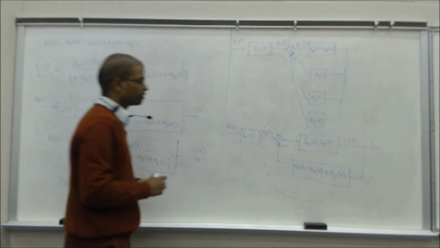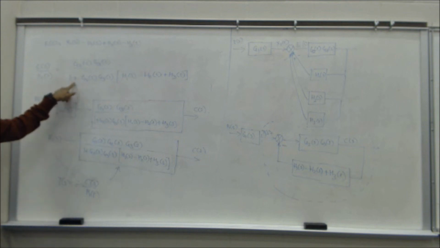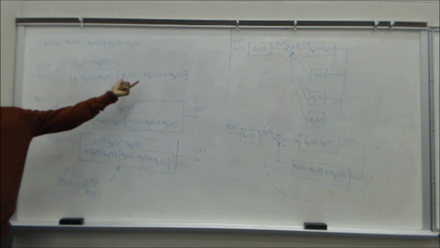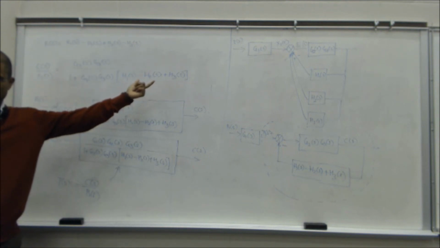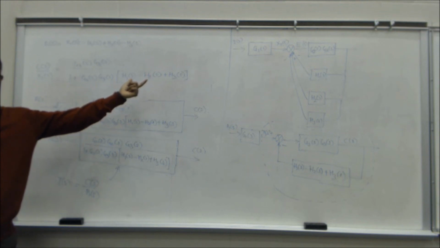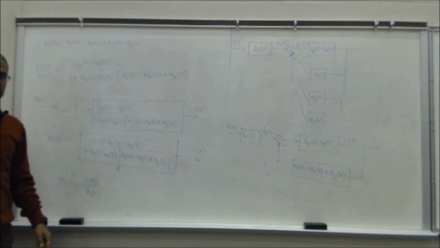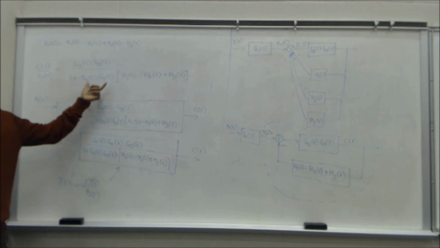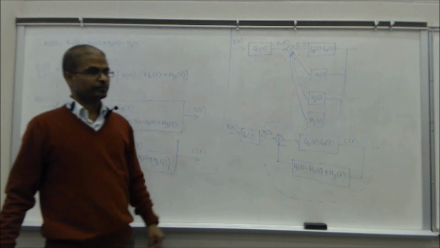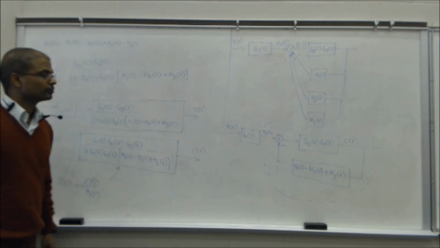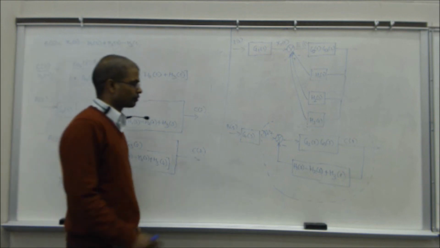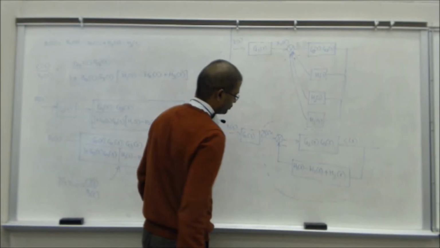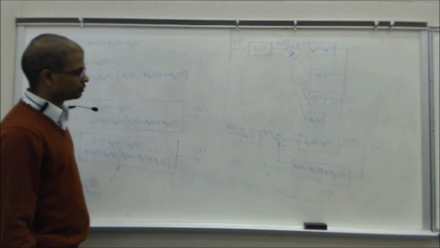If it's a minus, we have 1 plus the forward element into the feedback element. So the forward element is G2, G3, okay? This will always be given to you, okay?